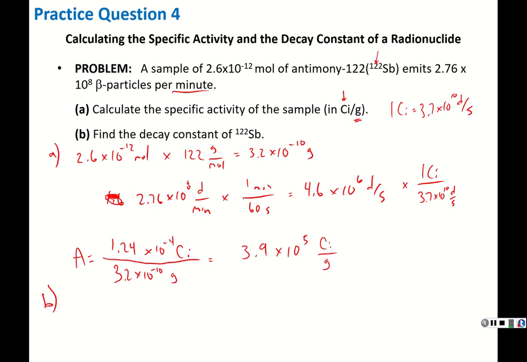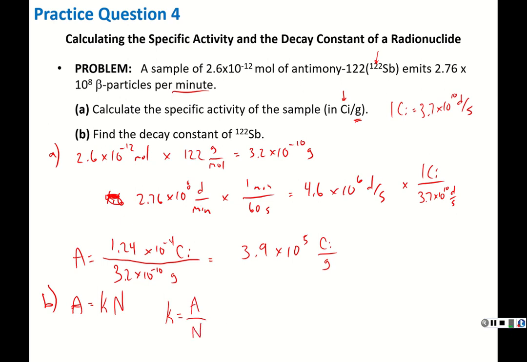Okay, part B, this is an example of a place you would receive an equation on an exam. You have the activity equals k times N. We're trying to solve for our k value though, so let's rearrange this. k equals A divided by N.